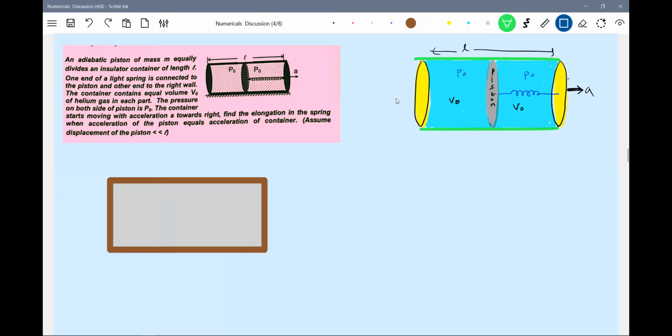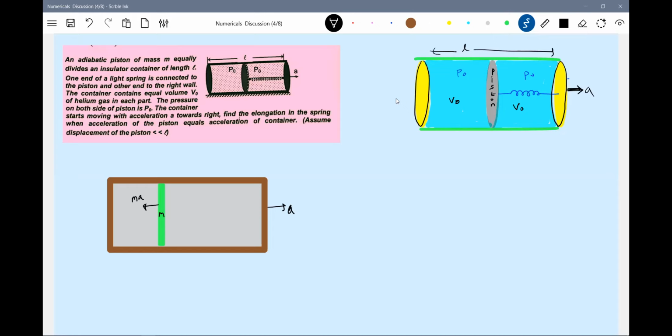Okay, I brought the piston, I slightly displaced it. So this is the acceleration of the container. Then this piston is having mass m. A pseudo force I'll apply.